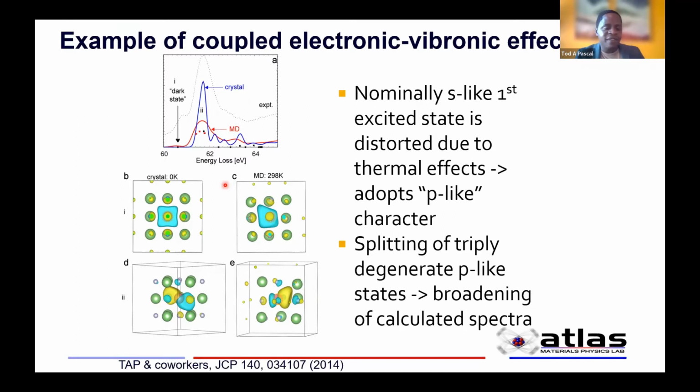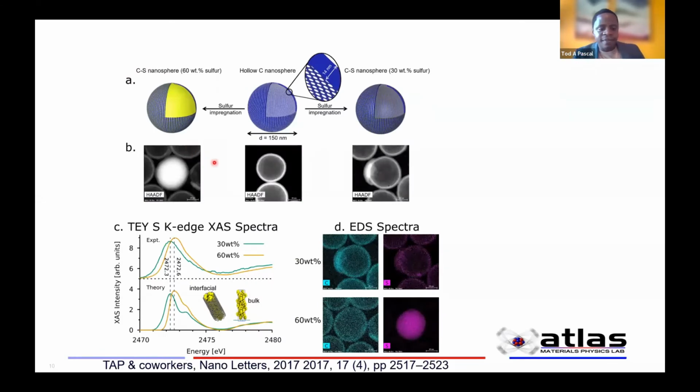That is the signature of them, but it's usually really difficult to resolve experimentally. But by and large, for any kind of rock salt structure that we've done with lithium, we see this dark state, and it's predicted that its intensity should grow as the system gets hotter, as we heat it up even more.